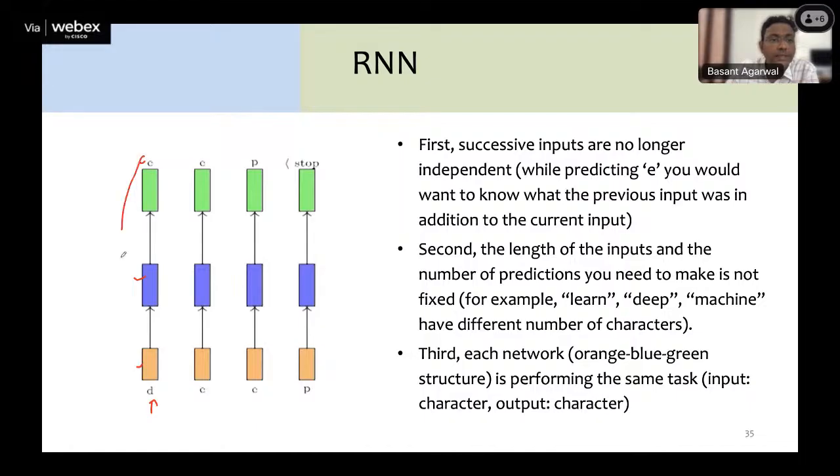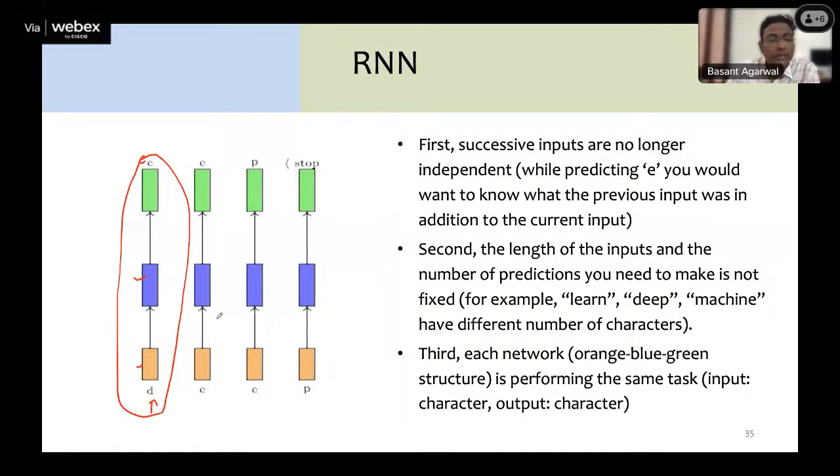So at each timestamp, if you observe, we are doing the same thing: given a character, predicting the character, given a character, predicting the character, and so on.